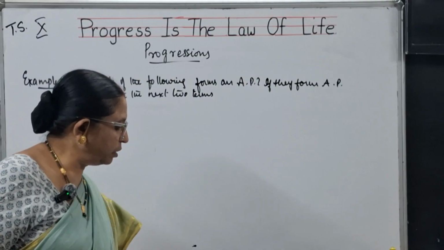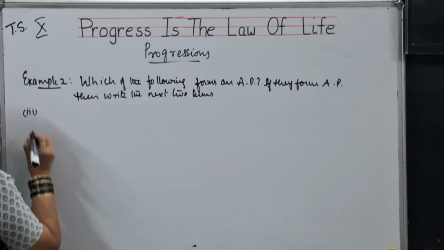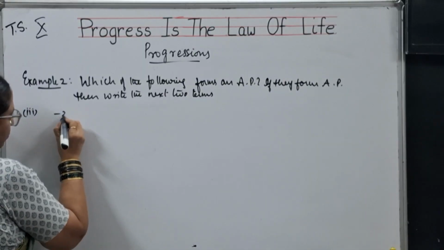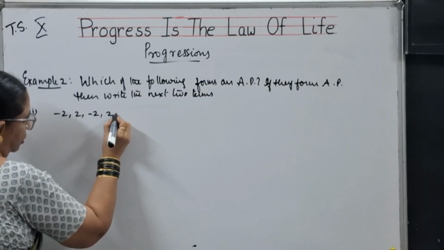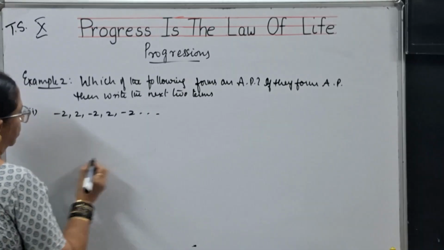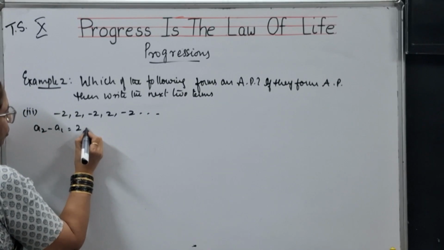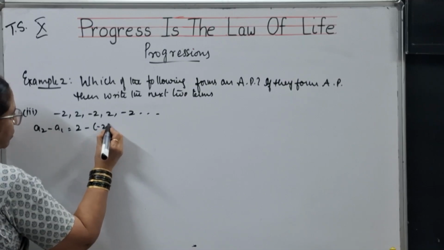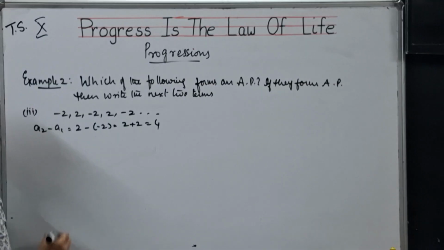Now the third bit is minus 2 comma 2 minus 2 comma 2 minus 2, so on. So a2 minus a1 is 2 minus of minus 2, that is 2 plus 2, that is 4.